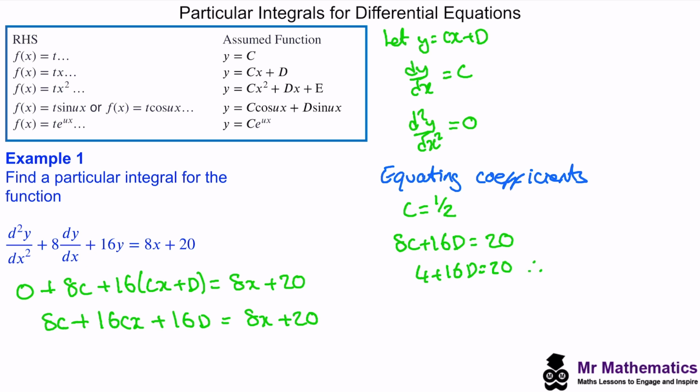So therefore d must equal 1. And now we can substitute these values of c and d back into our assumed function. So the particular integral will be y is equal to 1/2 x plus 1. So if we were to substitute this back into our left-hand side, we would get 8x plus 20, okay?